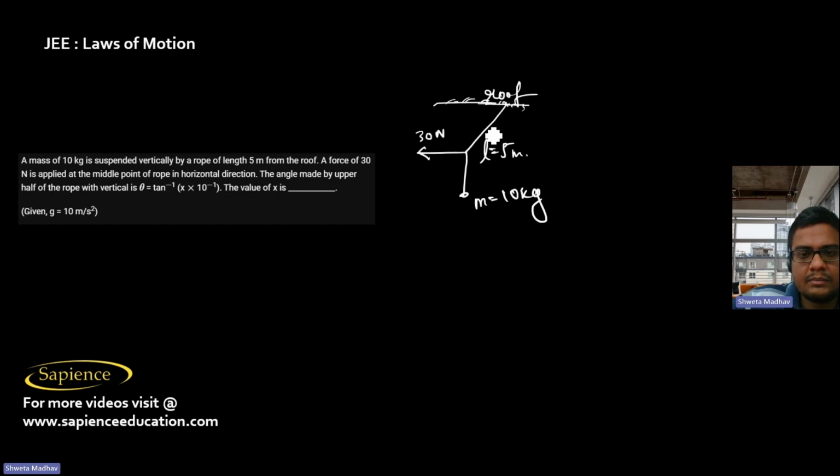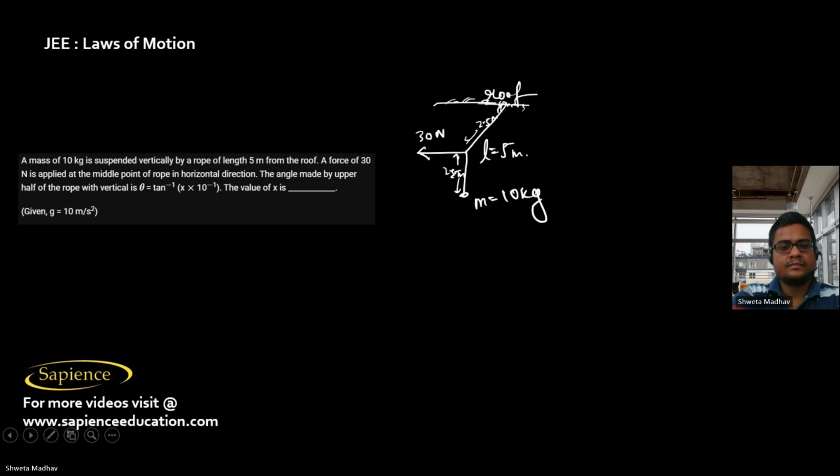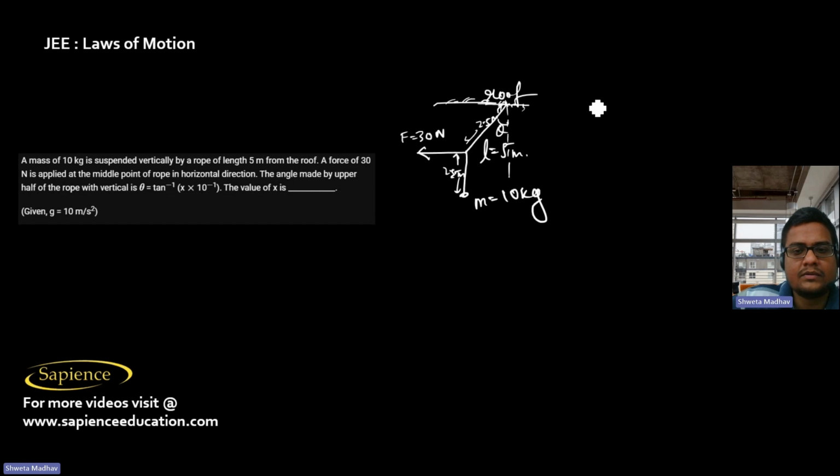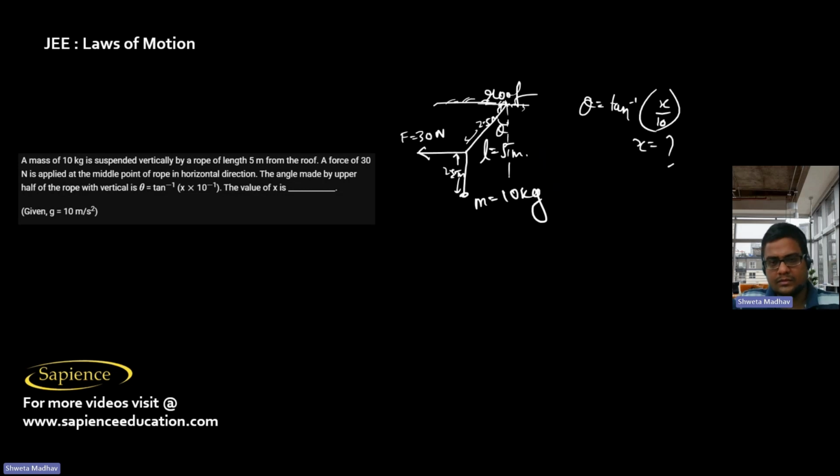This length is 5 meters, so each part length is 2.5 meters. Then what is the angle theta that is made by the upper half of the rope with the vertical, that you have to find out. And if that theta is given as tan inverse of x by 10, then the value of x is how much, that you have to find out.